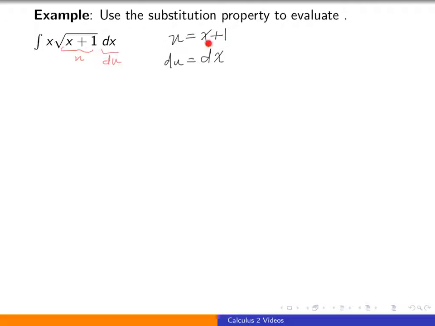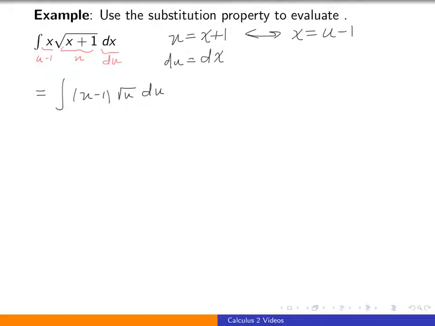And the substitution itself is the relationship we have between x's and u's. So x is equal to u minus 1. So looking at that substitution, that allows us to rewrite this x as u minus 1. So we now have the indefinite integral of u minus 1 times square root u du.